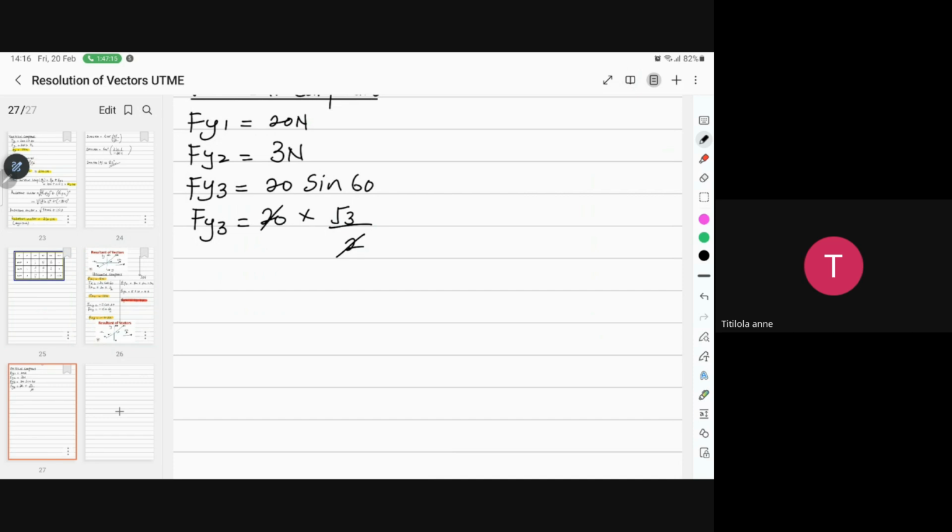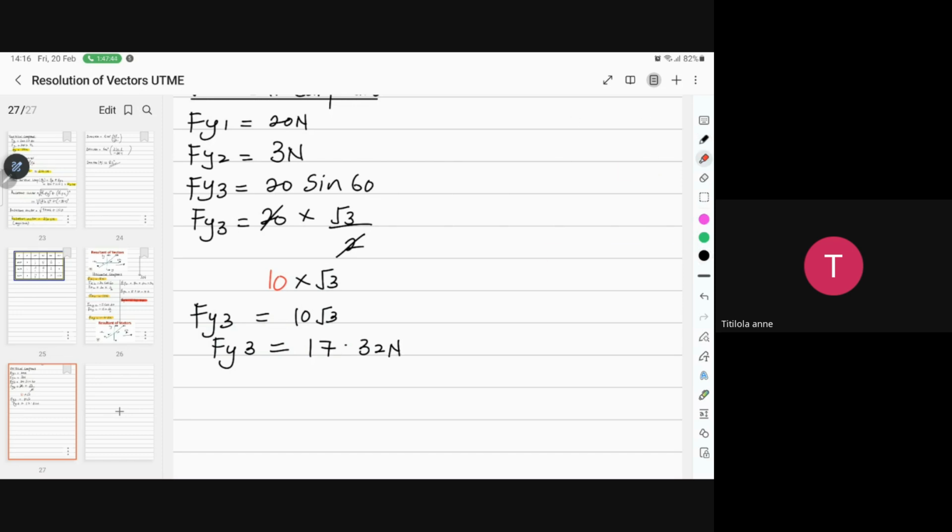This will cancel, and that will give us 10 times root 3. So Fy3 is equal to 10 root 3, which is 17.32 Newton.